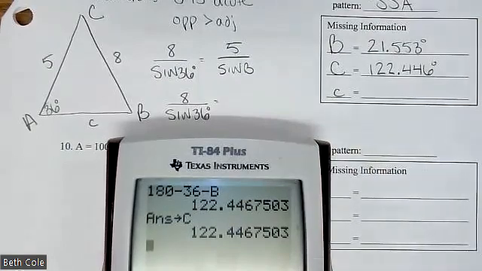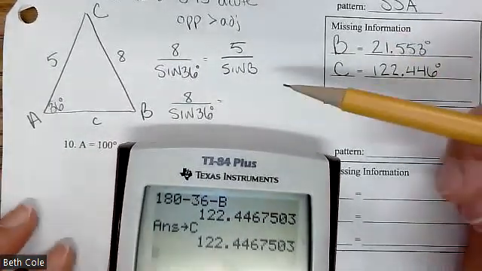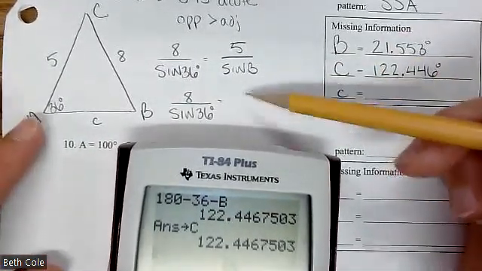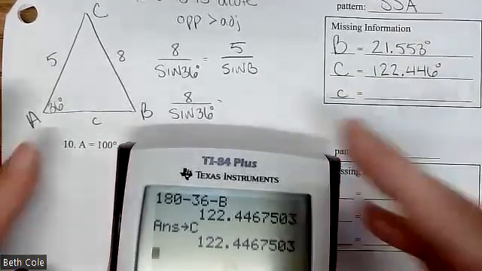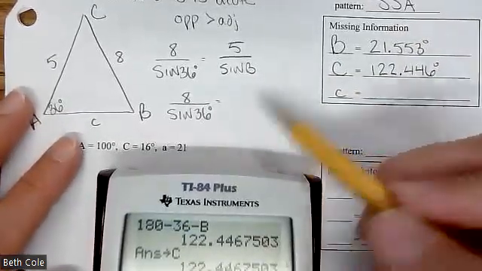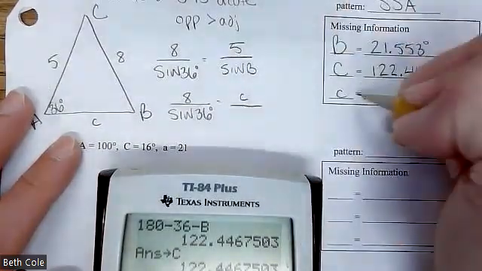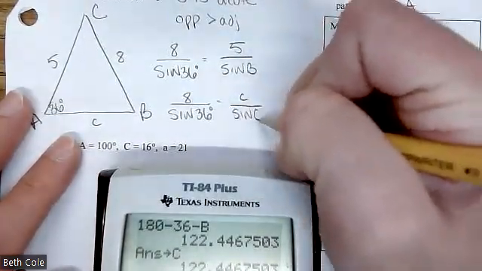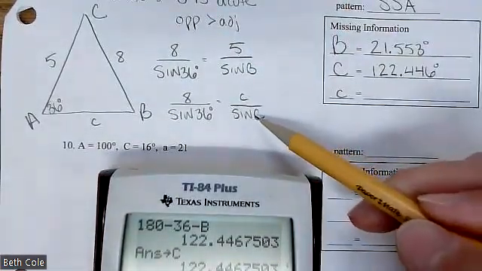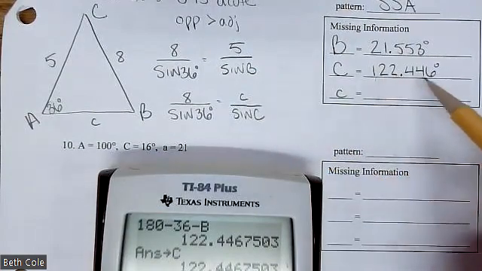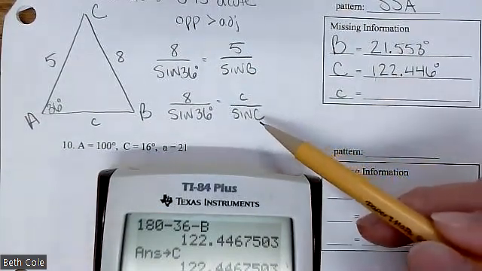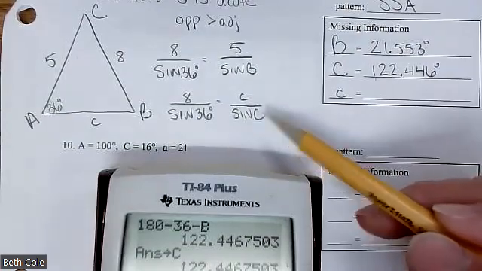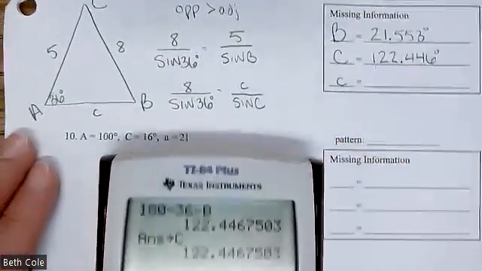That's why I say just set it up, because then when you go back, it's already started for you and you don't lose your train of thought. So we'll go over here, it's what you're looking for. It's the missing thing. Good. C over. Now you can write just the letter C for sine C, or you can write 122.446. It's whatever your personal preference is. But no matter what, use the stored value.